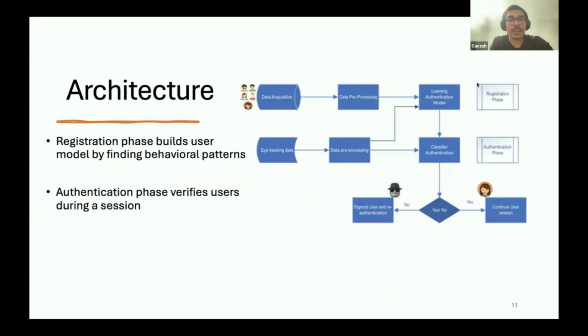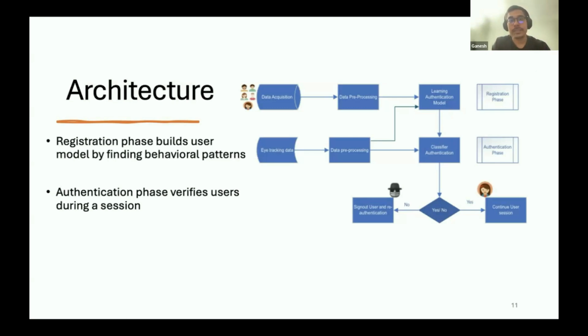So how does this architecture work? It simply has two phases: a registration phase and an authentication phase. In the registration phase, the user does some tasks, data is collected, and then an authentication model is built on that.